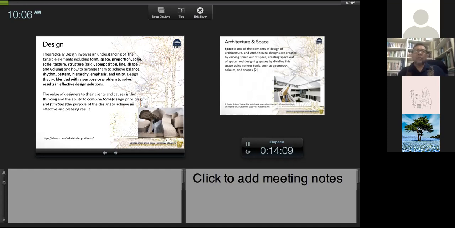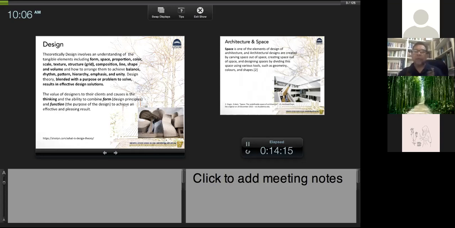As a designer, you are not just creating a form, but you have something else behind the product that you design. So this is the most valuable thing, and that makes the difference in our school, in the architectural design-based studio.